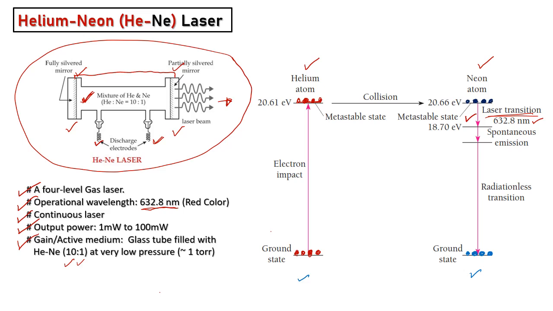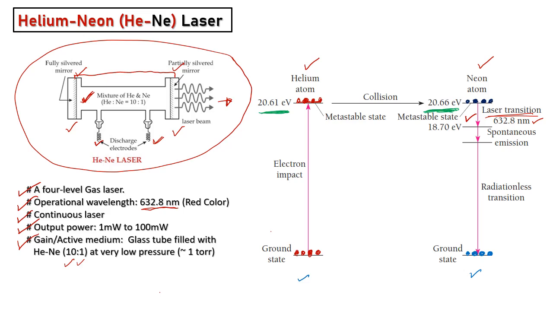These states basically are this one, 20.61 electron volt and 20.66 electron volt. So these states are actually the metastable states for the helium atom. This is 20.61 electron volt and 20.66 electron volt. This is the metastable state in the neon atom, okay, neon gas, and in the helium gas.